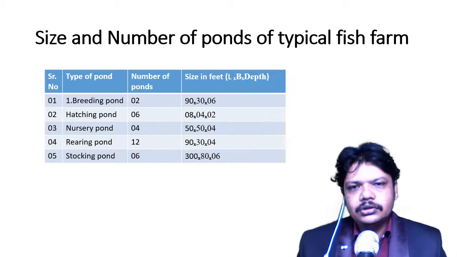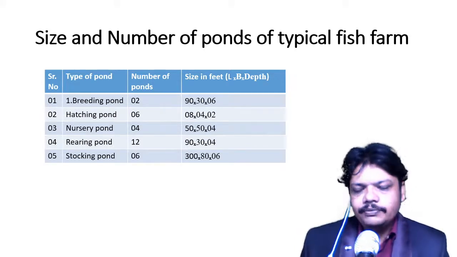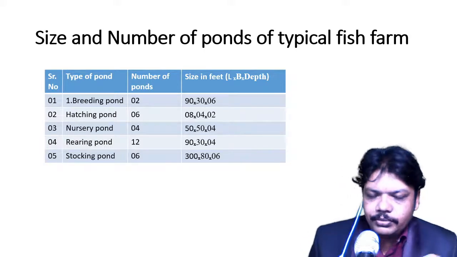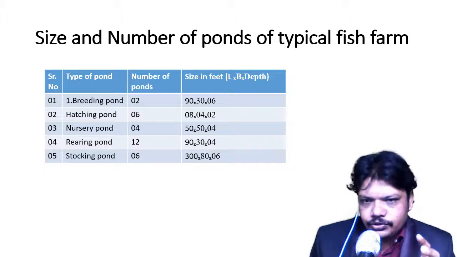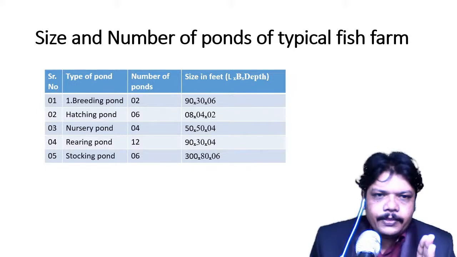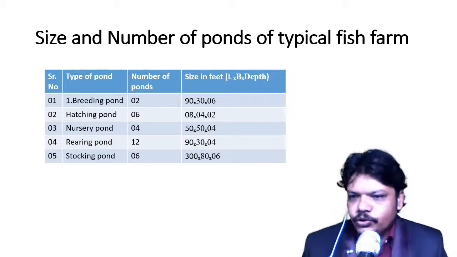Why? Because fish seed production is very essential and a very delicate situation, so at that time we have to be there for 24 hours for any kind of situation. So like this, the size and number of ponds of typical fish ponds.